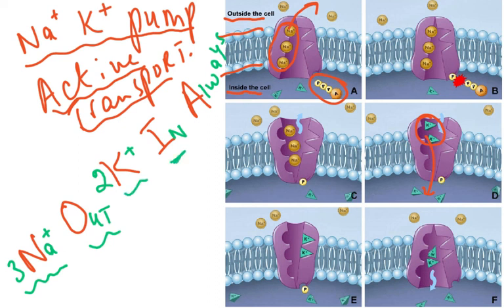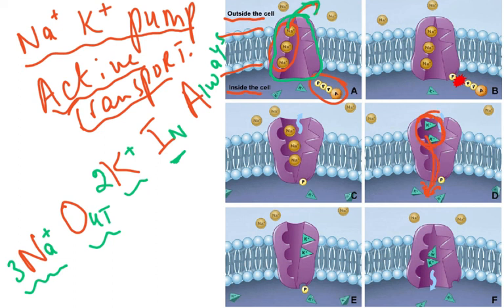Now this is the normal sodium potassium pump. It will always pump out, and this requires active transport. You can see this is a channel protein, but its shape changes, and the 3 sodium are pumped out. And then it changes shape, and then the potassiums get attached, and then they are pumped inside.